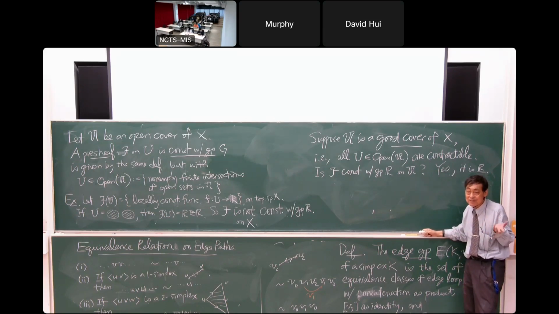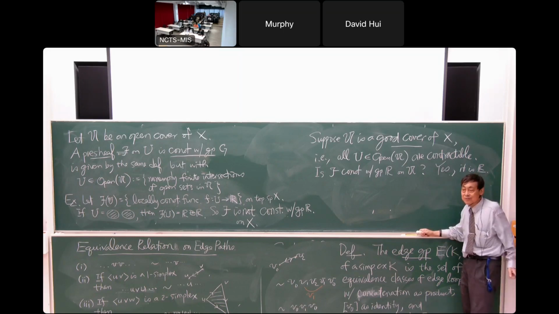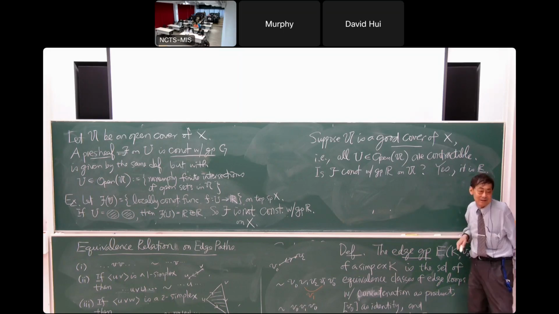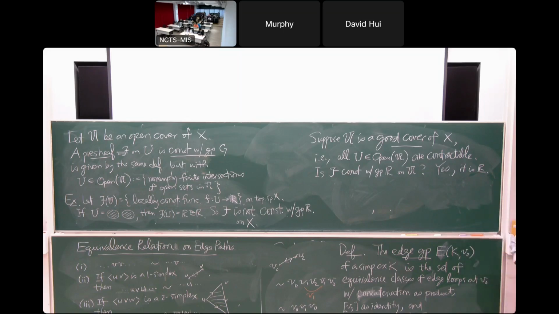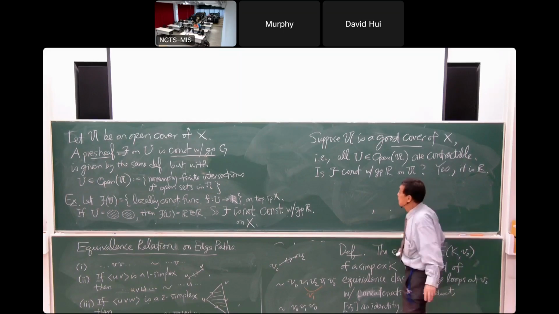That's the Čech-de Rham isomorphism. So we would like our sheaves to be isomorphic to the constant pre-sheaf R bar. Okay, and so far that's the constant pre-sheaf.